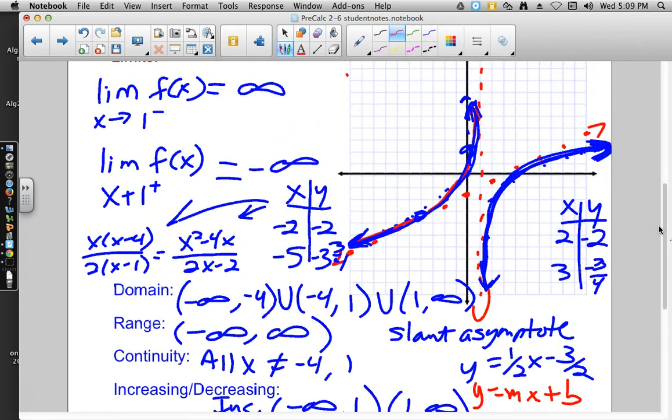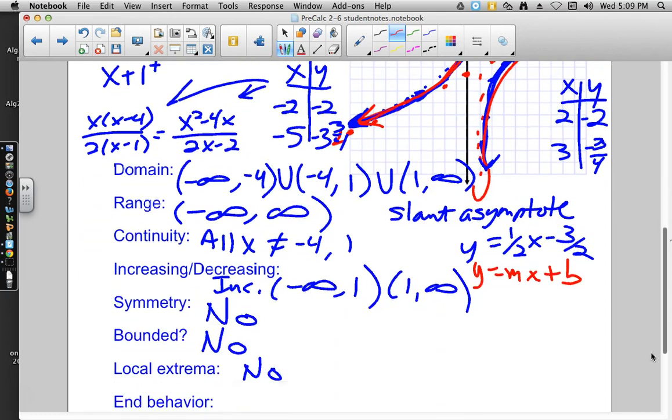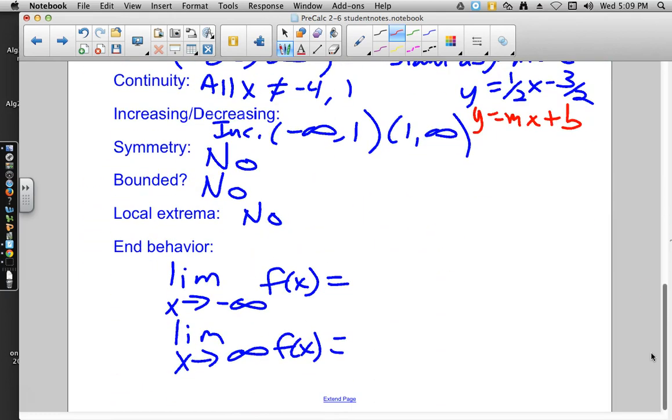And as we travel to the left forever, we are going down. As we travel to the right forever, we are going up. So negative infinity gets negative infinity, and positive infinity gets positive infinity. And that's example 9, which is a really good one for you to look over.